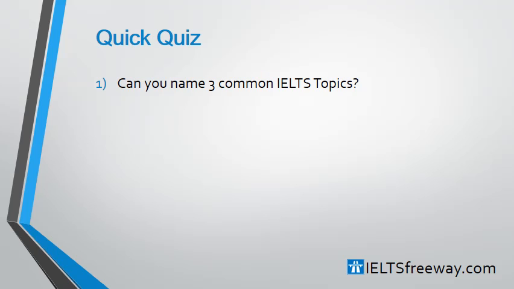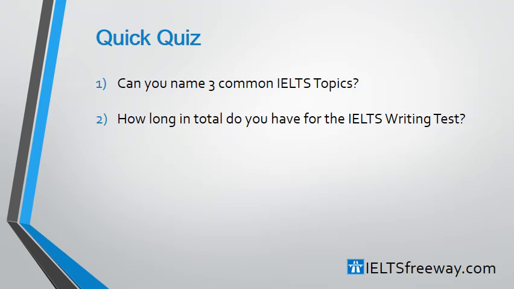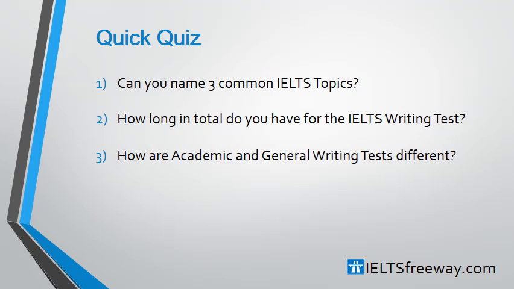I'll let you read through those again at your leisure. Next question. How long in total do you have for the IELTS writing test? Pause the video and have a think. Okay, so the answer is 1 hour in total. But remember, you have 20 minutes for part 1 and 40 minutes for part 2.